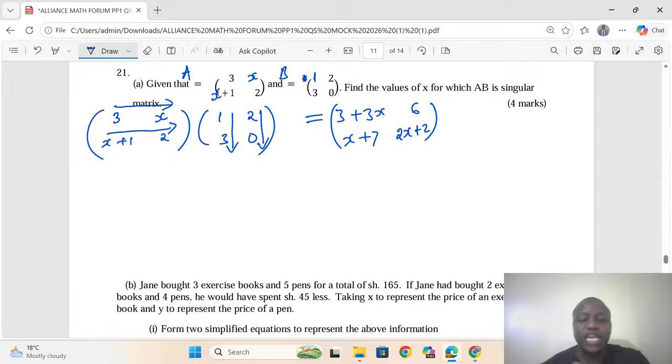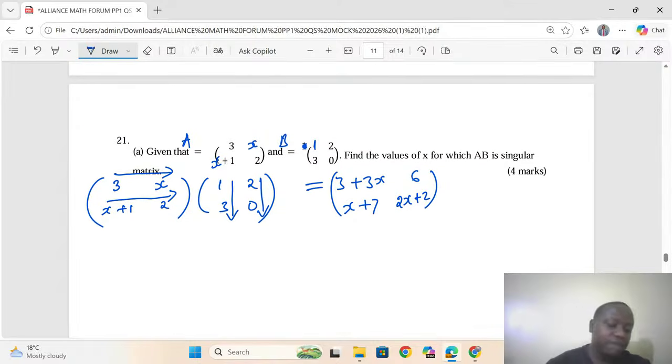Now, the instruction here is that this product equals a singular matrix. A singular matrix is a matrix without an inverse. If a matrix has no inverse, it means it has a determinant of 0. How do we get the determinant of a matrix? Product of elements in the main diagonal minus product of the elements in the other diagonal.